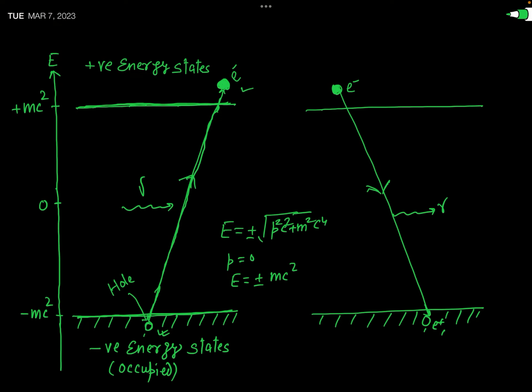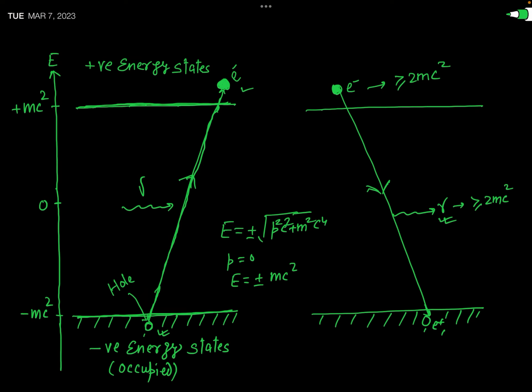And you know that the energy of this electron in the positive energy state is greater than or equal to 2mc². So when this electron makes a transition from the positive energy state to the negative energy state, a gamma photon will be emitted, and the energy of this gamma photon will be greater than or equal to 2mc².